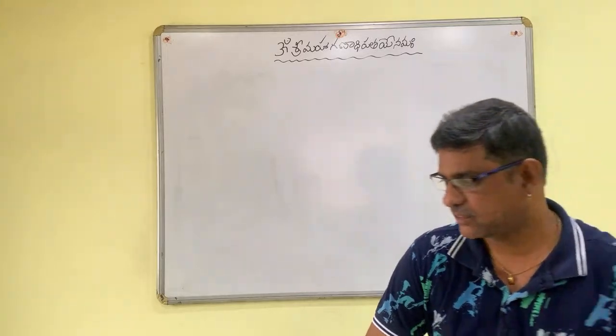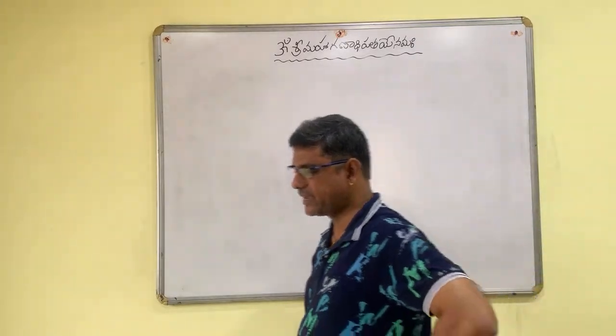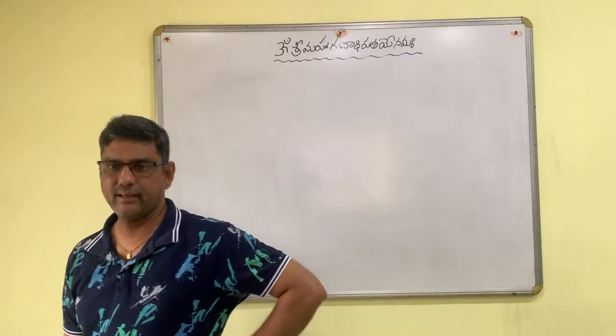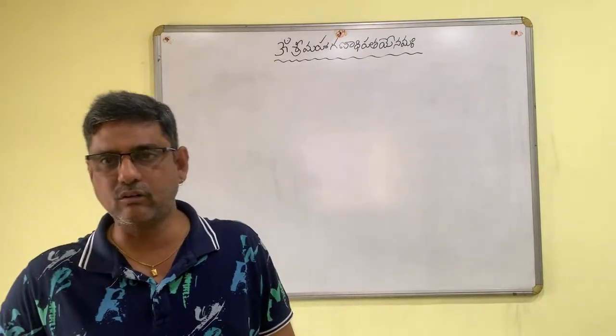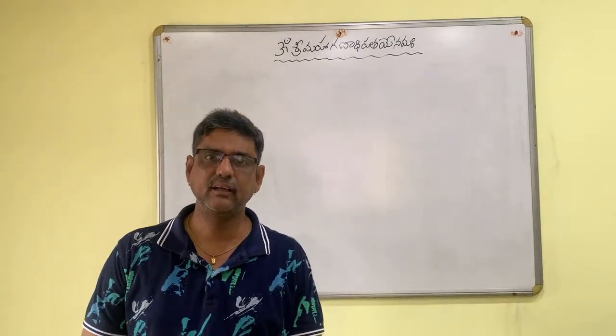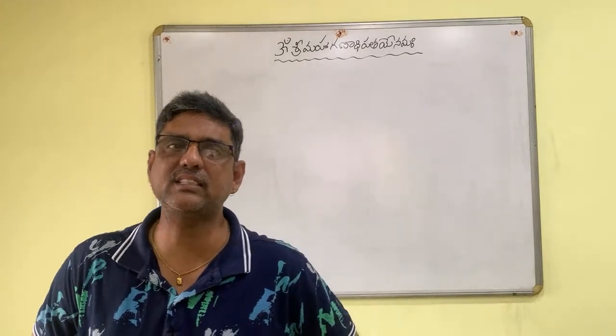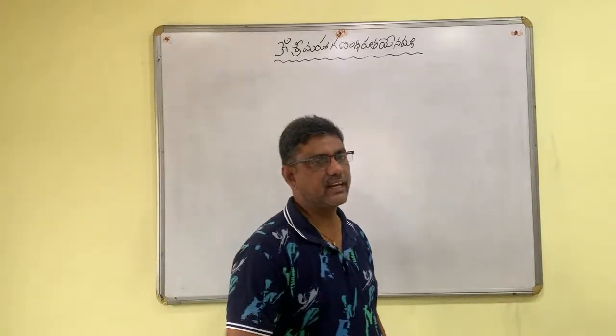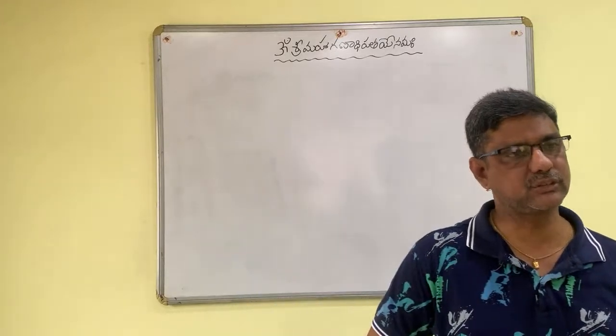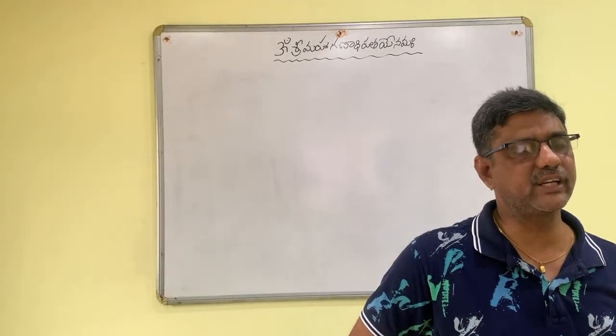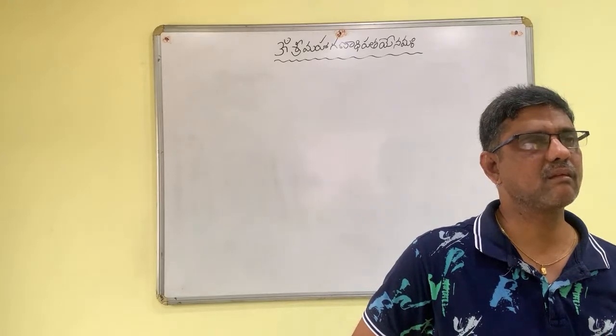Yes, correct. X plus y is equal to 500 is a linear equation in two variables. We learned in class 9 how to represent a situation or word problems in the form of a linear equation in two variables. That is one.